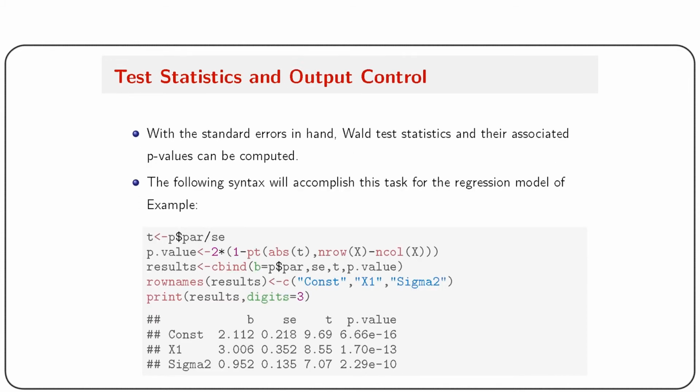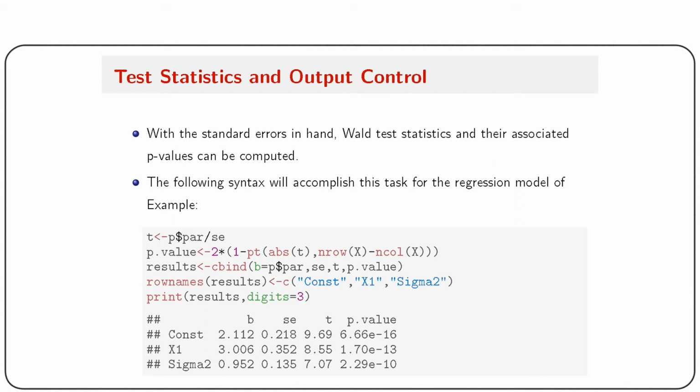With the standard errors in hand, Wald test statistics and their associated p-values can be computed. The following syntax will accomplish this task for the regression model of the example. Say t equals p dollar par, where you have the estimate, divided by the standard error, and that will give you the t statistics.